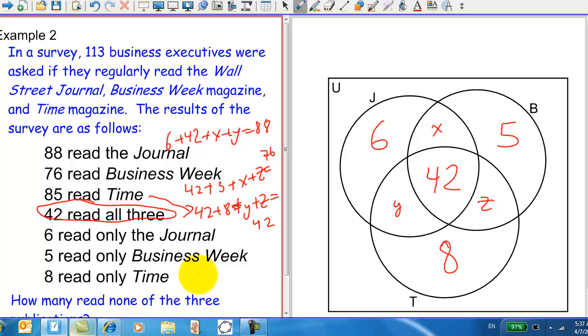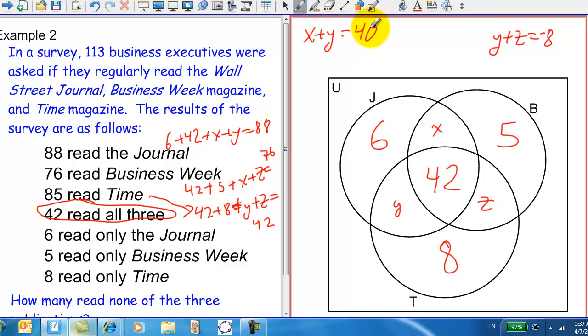So that Time equation simplifies down to Y plus Z equals negative 8. And the journal equation simplifies down to X plus Y equals, this is 48, so X plus Y equals 40. And the Business Week equation simplifies down to X plus Z equals, well, we got 47 here.